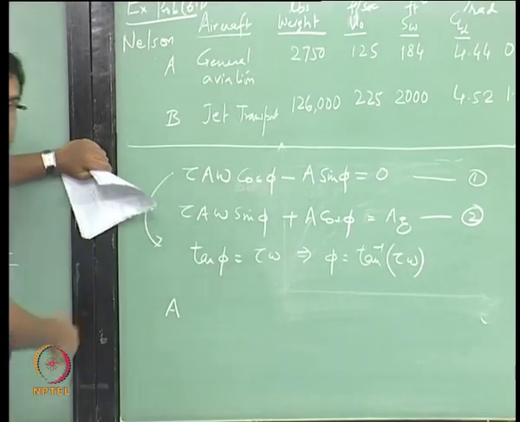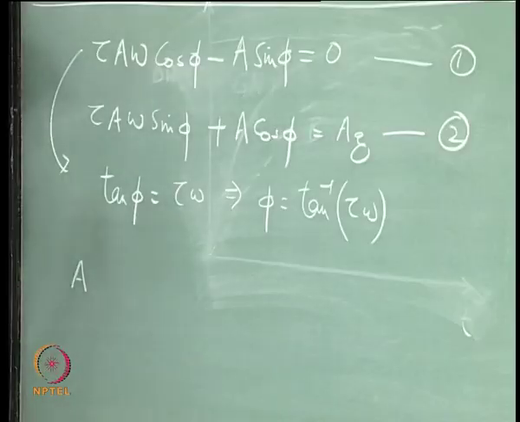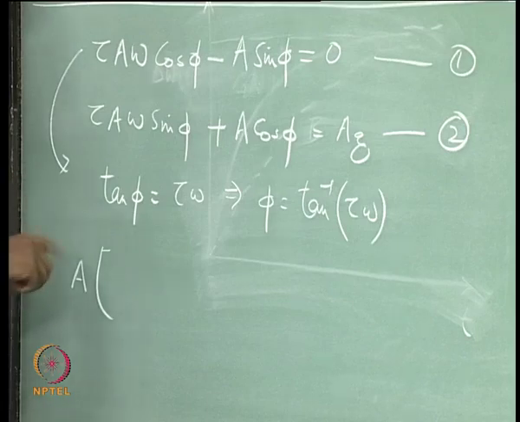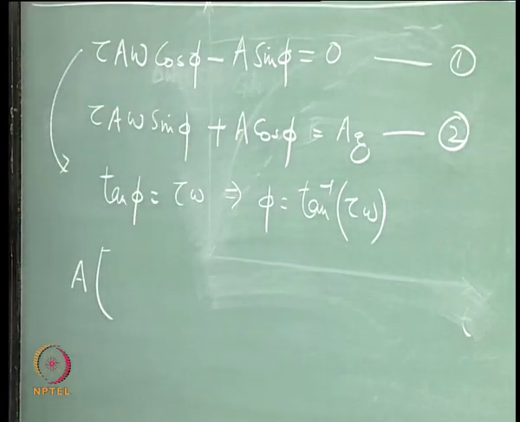Now, A is the amplitude of the response. Let us write down A in terms of the parameters that are known, right.